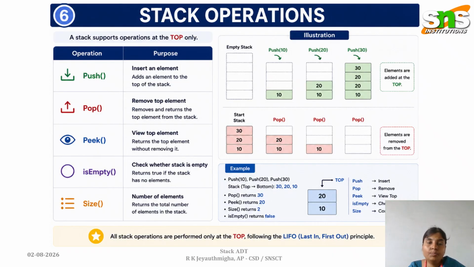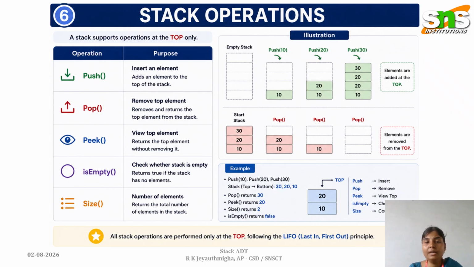So we have discussed the push, pop, peek, isEmpty, and size operations. Here we have illustrated them with a diagram. The push operation adds an element to the top of the stack, and pop removes the top element.